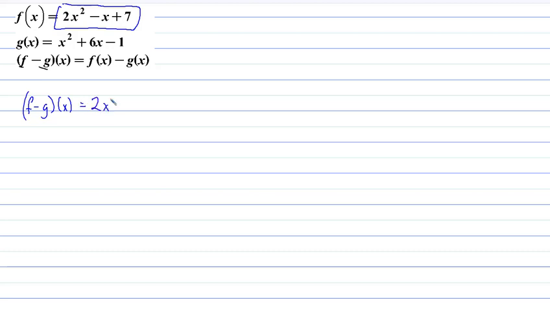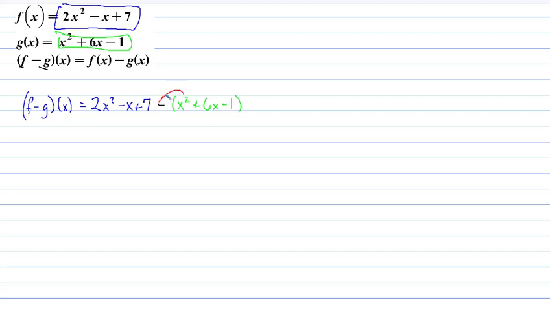So we have 2x squared minus x plus 7. And then we are going to subtract the g function. And again, like I said before, put the second one in parentheses, especially when you have a subtraction. It helps you keep signs in order.